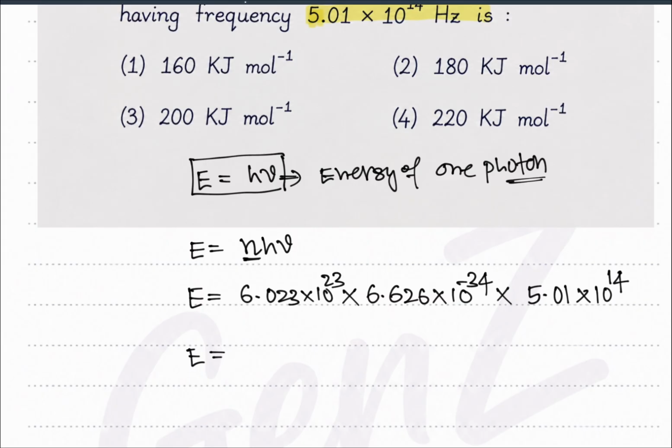E equals 6.023 into 6.626 into 5.01 into 10 power 37 into 10 power minus 34.